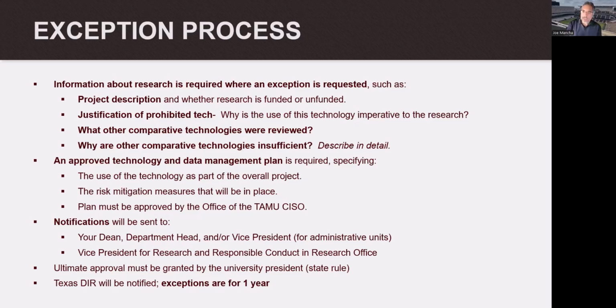Once we get all of that, notifications will be sent to your dean, department head, and or vice president for administrative units, the vice president for research, and responsible conduct in research office. Once again, the ultimate approval is provided by the president, and they will be submitted to the Texas Department of Information Resources, and the exceptions are only good for 1 year.